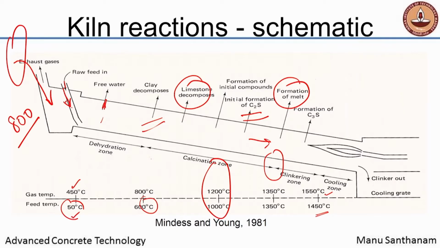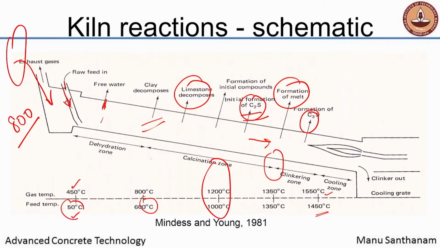The appearance of this melt acts as a flux for the most important reaction, that is conversion of C2S to C3S. So at 1350, when this molten aluminate combination appears, it acts as a flux to promote the combination of C2S to C3S.